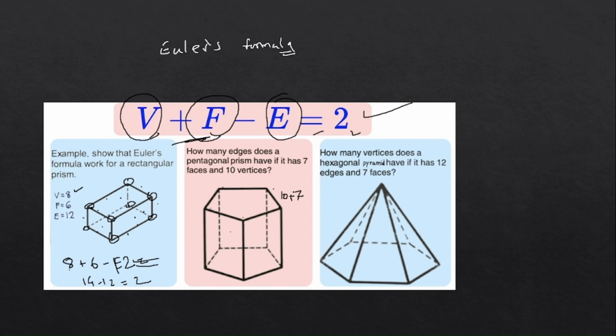So 10 plus number of faces 7 minus number of edges, equal to 2. So 10 plus 7 is 17 minus edges equal to 2. So edges will be equal to 15. So by using Euler's formula, we can find this particular missing value, that is the edges.